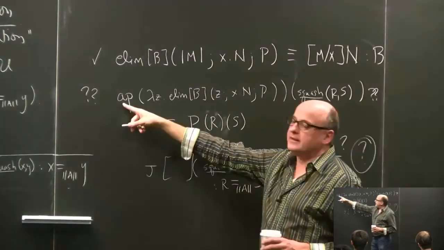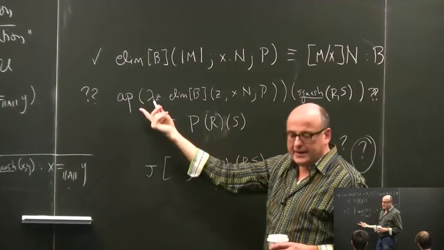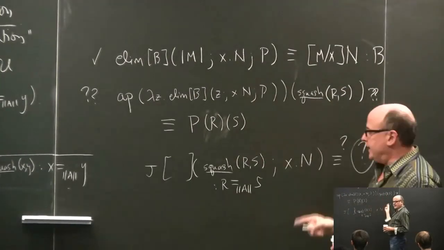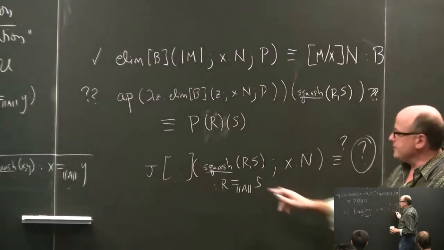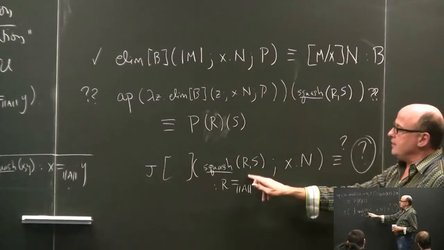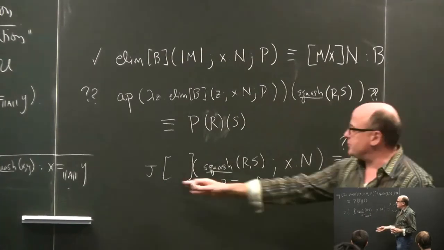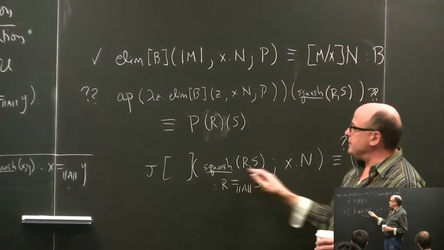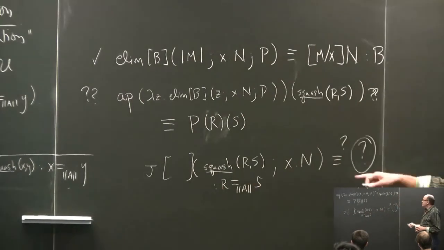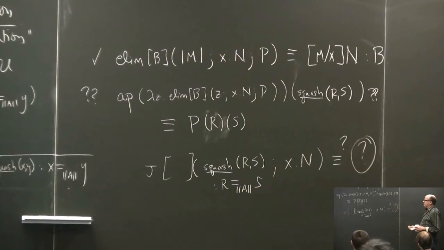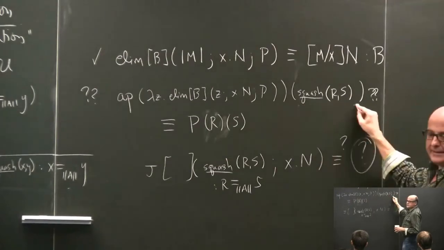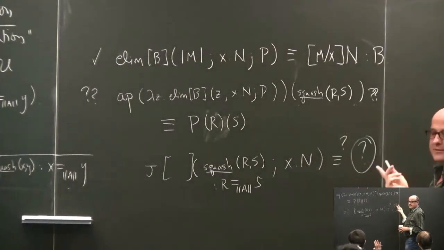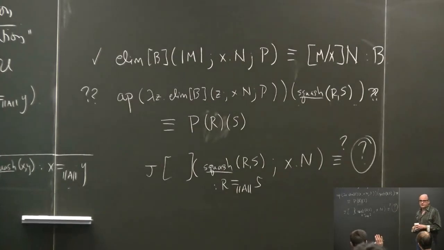Because the action on paths is defined in terms of J. So you'll have to remember that when you go back and look at it. If you unravel it, really the issue is that poor J doesn't know what to do on squash because nobody ever told it what to do on squash. All it ever knows what to do about is instances of reflexivity. So from a computational point of view, it's stuck. So this and this amount to the same thing, because the action on paths for some function takes this guy and does a J on it, and then it yields the identity type, because of the reduction to reflexivity.